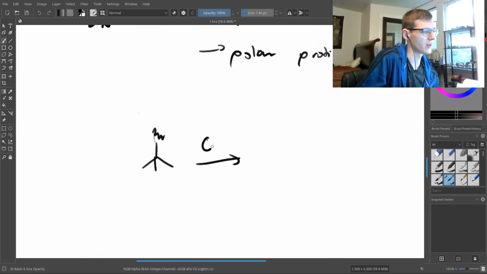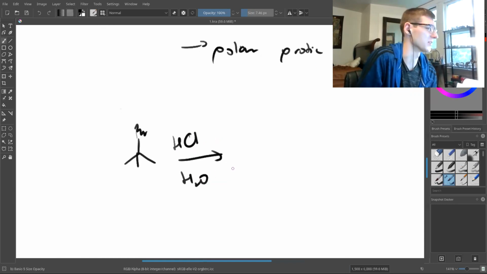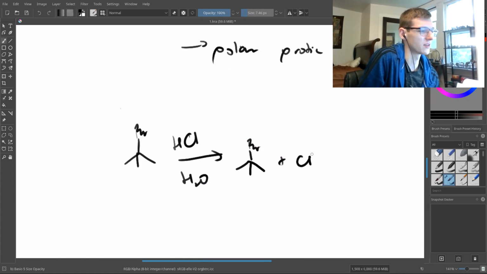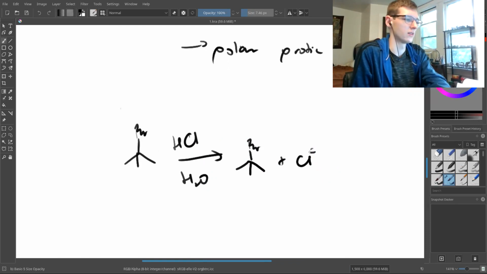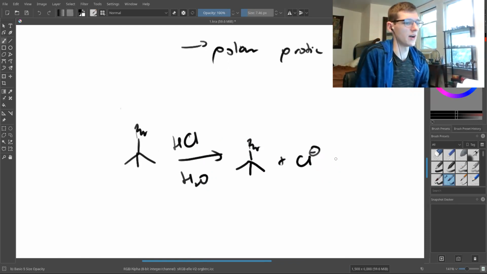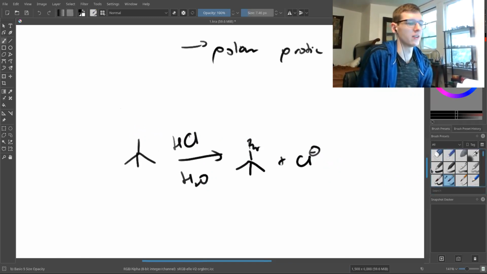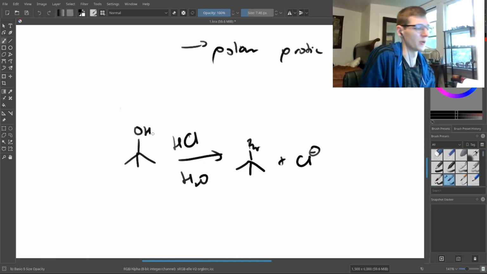And then you could have chlorine in water, and maybe this is what you were getting at actually. So, right, you have something like this, Cl minus. In fact, why don't I make this a better example? If we have this as an alcohol, here we go. This is a good example now.